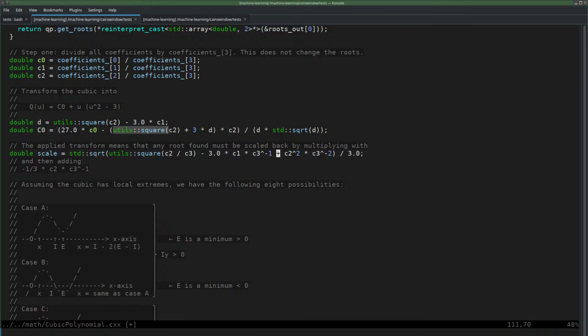C2 divided by C3 squared. This, yeah. What? C2. And this is C1 divided by C3.